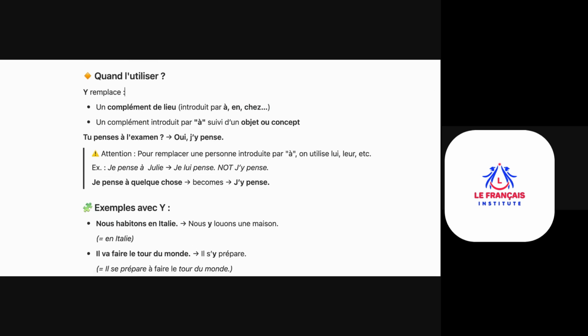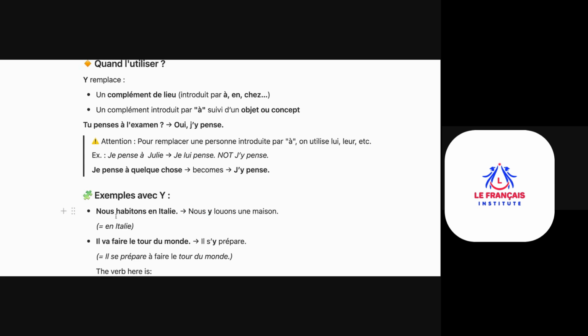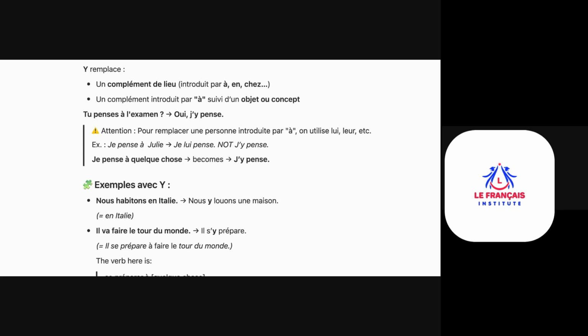So for example, we live in Italy, we rent a home there. We are not saying we live in Italy, we rent a house in Italy. We live in Italy, we rent a house there. Nous y louons une maison.